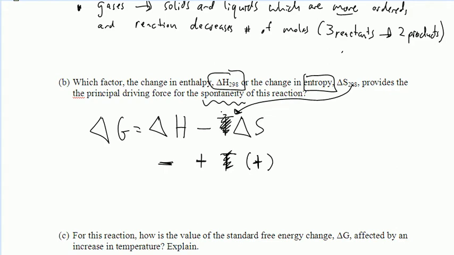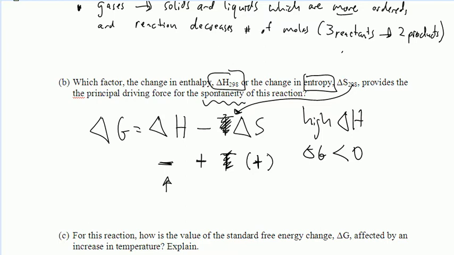So they want to know what makes it spontaneous. Well, if we can't change temperature, and delta H here is negative, at a high delta H, delta G is going to be less than 0. We also know that delta S is a low value. So if delta S is low, the reaction will be spontaneous.